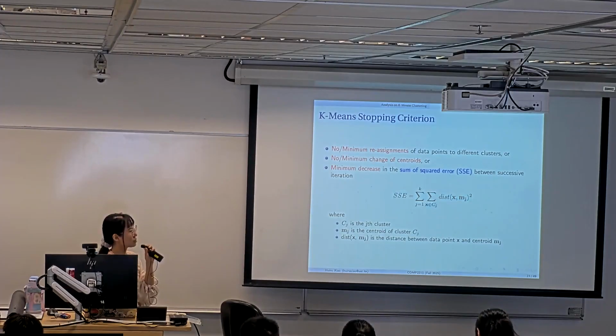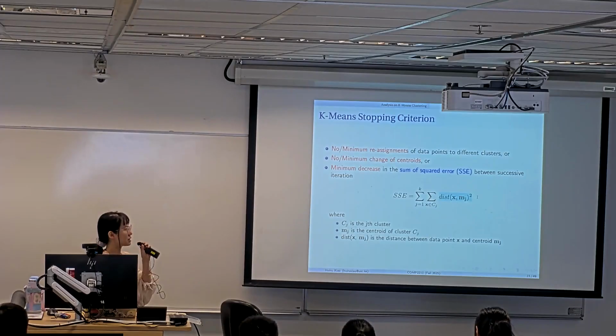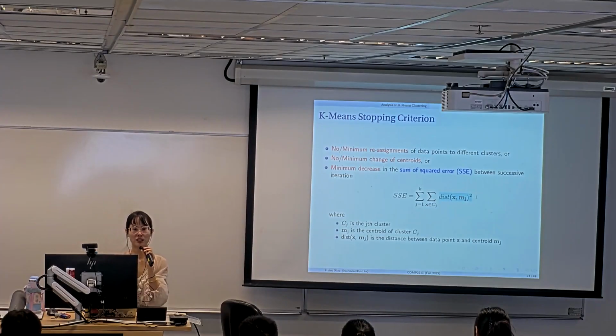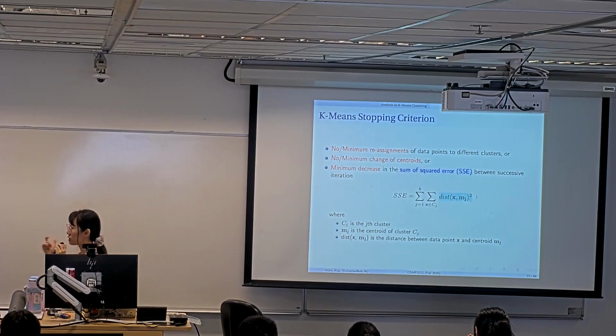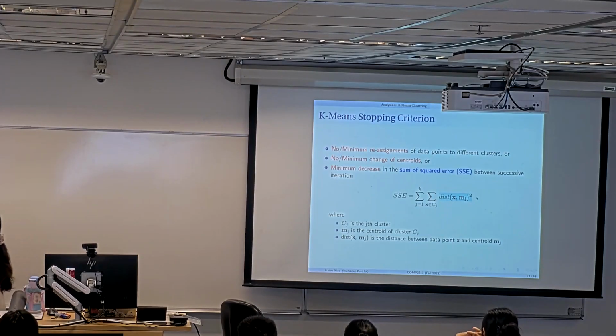So find out all the data points x belonging to this cluster Cj, and then we try to compute the distance between this data point to its centroid mj, and then get the square of the distance, add them up. So this SSE tries to measure, roughly speaking, the distance between each data point to its assigned cluster's centroid.